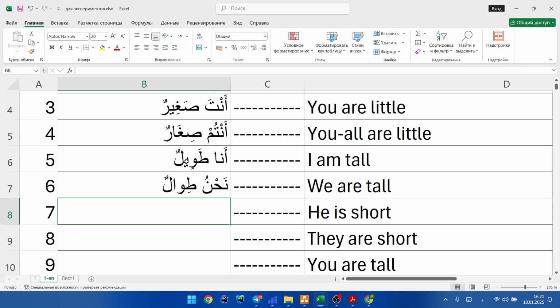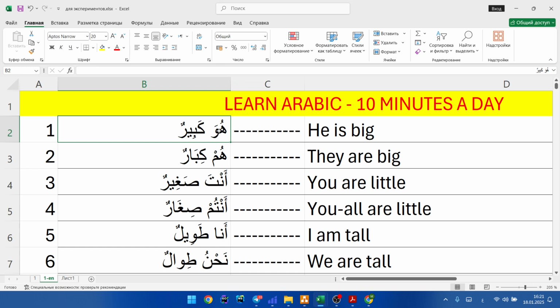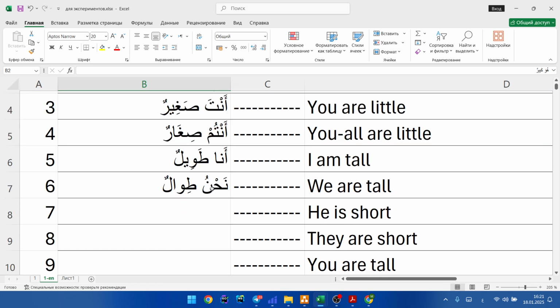He is short. How to say he? We already learned it in the first lesson, in the first sentence. He هو. Short هو قصير. قصير. They are short.